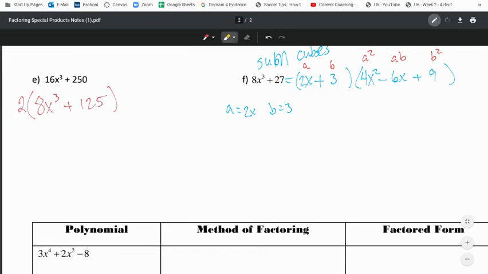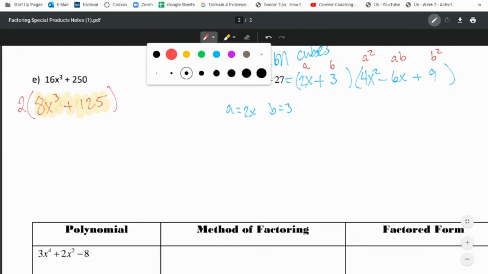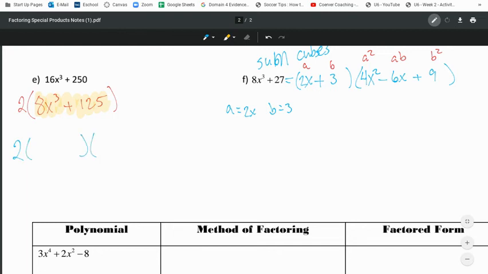Okay, and so now if I just look at what I highlighted, that is the sum of cubes. So now I know that I can factor that part out more. So I'm going to factor just that part out. Again, I need to know my A value, my B, and then I know that all this just kind of falls into place.